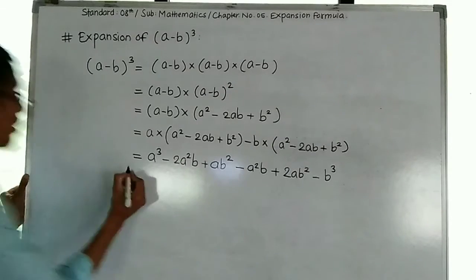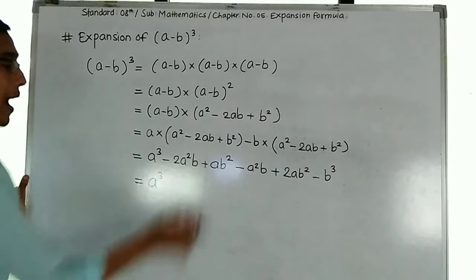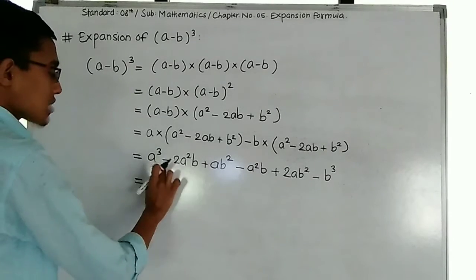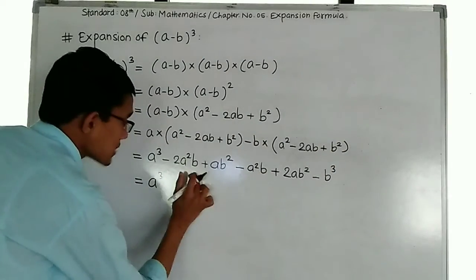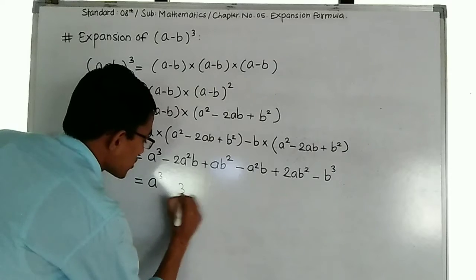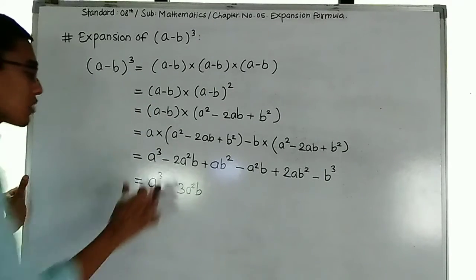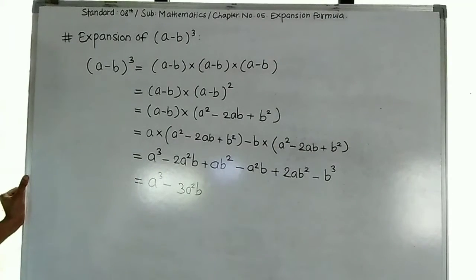Let us simplify this. So a cube as it is, minus 2a square b minus a square b. The sign is minus, minus, so we add them: 2a square b plus a square b is nothing but 3a square b. But we use the sign of the bigger number, which is minus, so minus 3a square b.